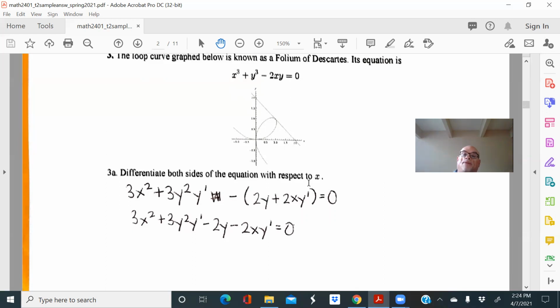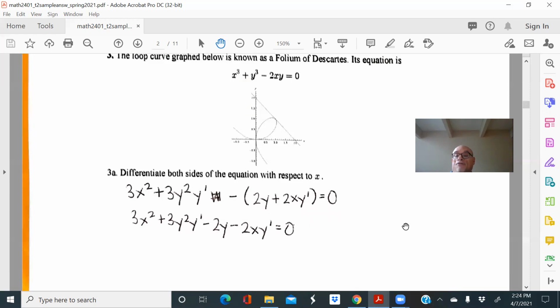Now, of course, immediately what we're going to do with this equation is solve it for y prime. When we solve it for y prime, then we will have a formula for the derivative y prime, right? We don't know what y prime is yet, but once we have that formula, we can use it to answer questions about this curve, this Folium of Descartes.